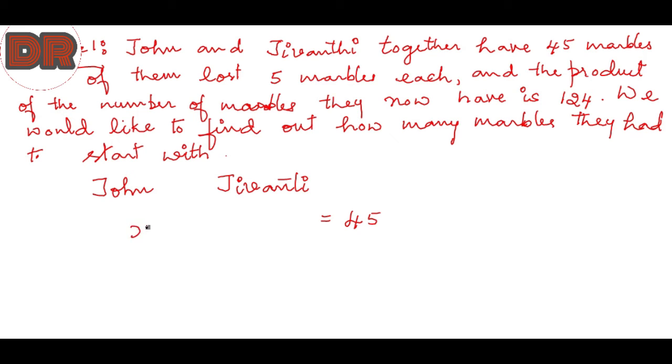The unknown variable, the number of marbles John had, is x. Now, can I take the number of marbles Jivanti has as x? No, it is not possible because they do not have the same amount of marbles. So let me take it as y.